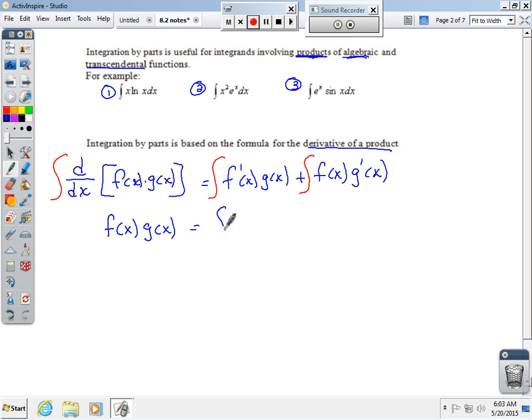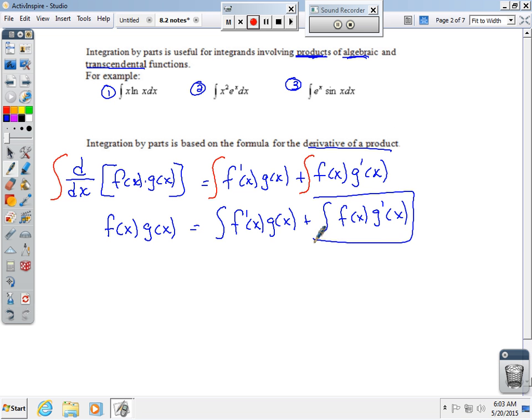And I'm going to leave this as the integral of f prime of x times g of x plus the integral of f of x g prime of x. And again, we're going to solve for the f of x times g prime of x part, because that's just what the rule says. So I'm going to move this integral over to the left-hand side and rearrange everything.